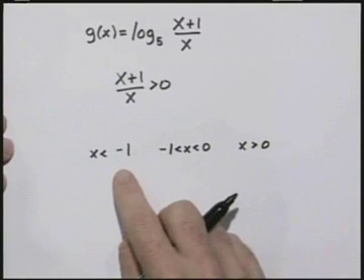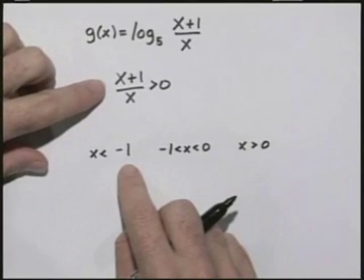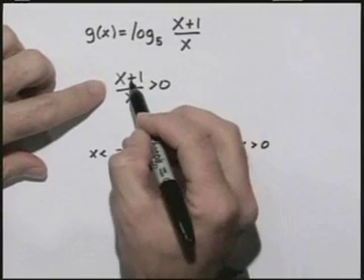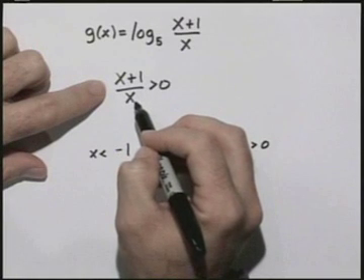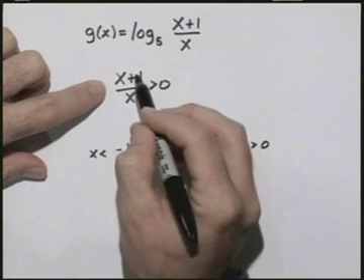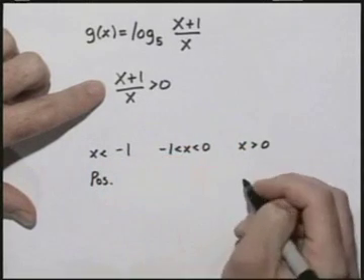Now, rather than using test points, we can use pure logic here. If x is less than -1, then the numerator is going to be negative. The denominator will also be negative, so we'd have a negative divided by a negative, which is a positive value.